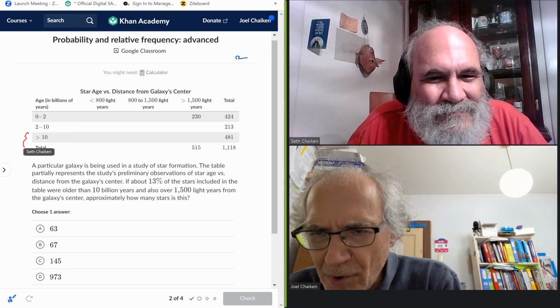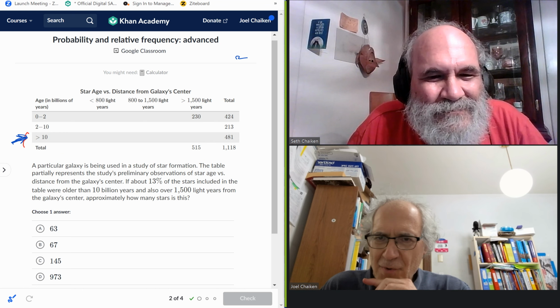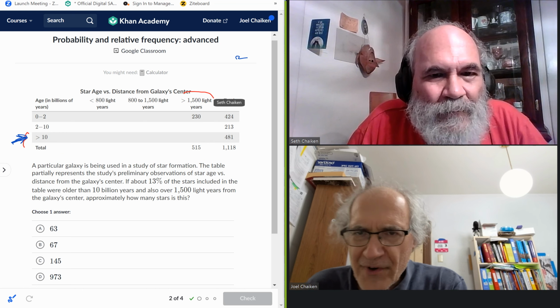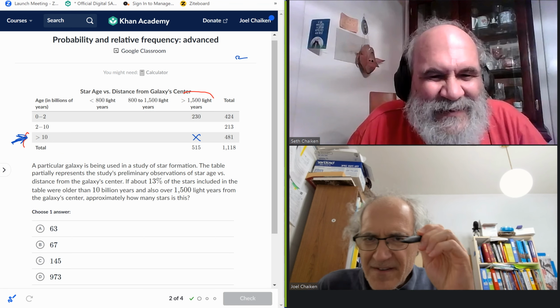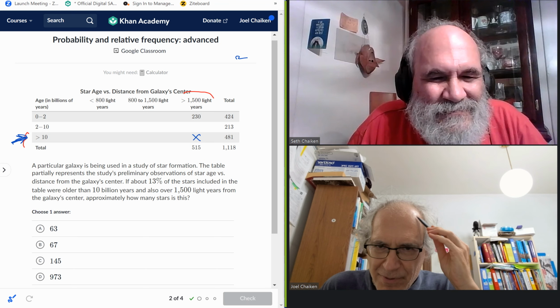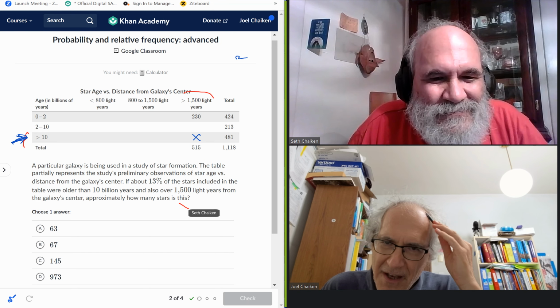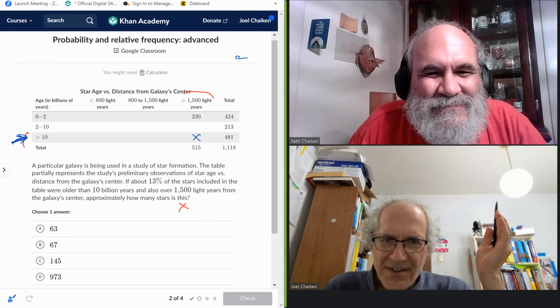Why don't we just put an X here, just as a placeholder. Approximately how many stars are from the galaxy center? That's 13% of a.